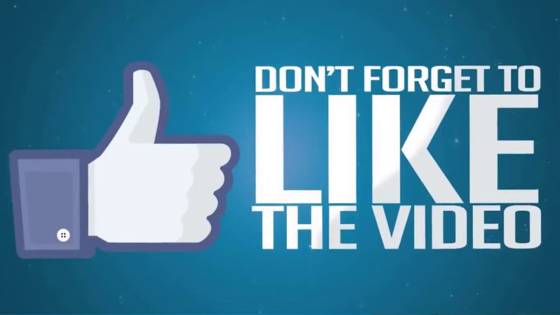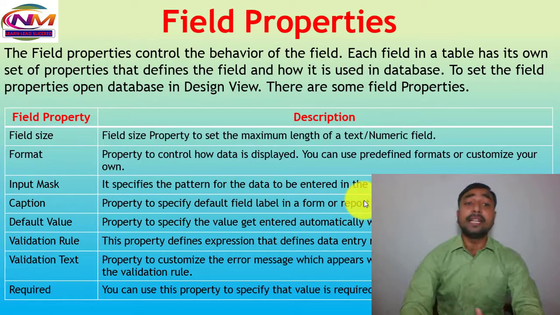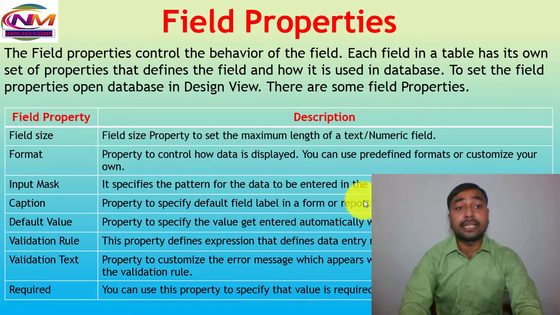So one by one I'm going to deal with field properties. Let's start. In a database, when we have created a database, we have to set the field properties. Field properties are a set of settings of the field that control and show the behavior of a field.